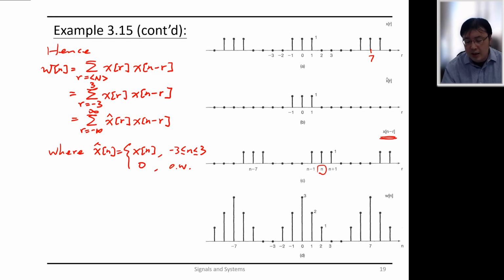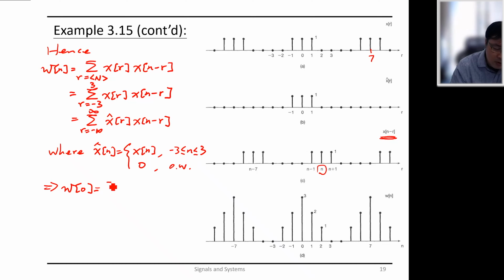Multiplying these two signals pointwise and summing it up gives you the signal Wn that you want. So in particular, suppose you want to compute W0.